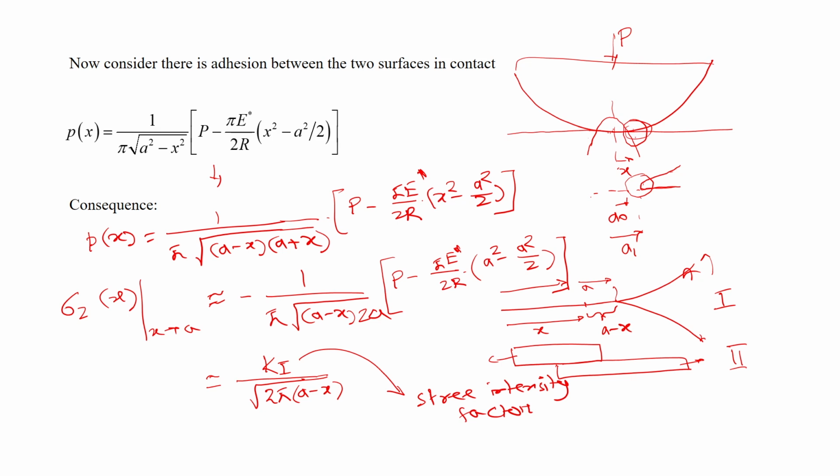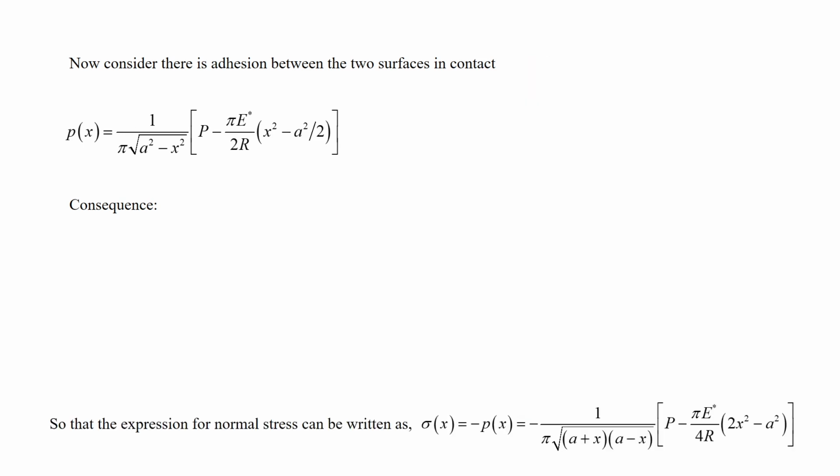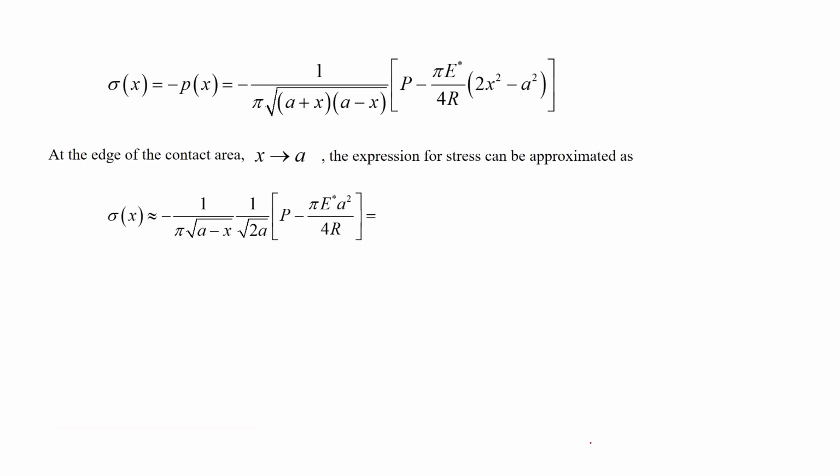So, of course, we can just simply relate this K I to these quantities. Over here, this is the relation that we have gotten. As I wrote, this is K I by square root of 2 pi and (a minus x), right. And so, what will be K I?